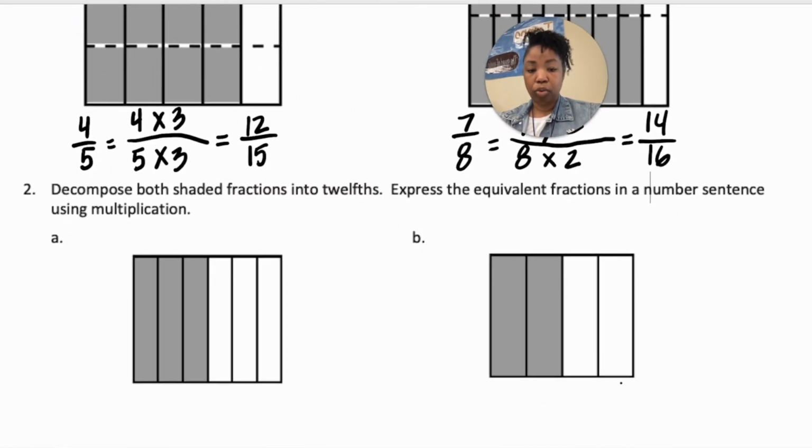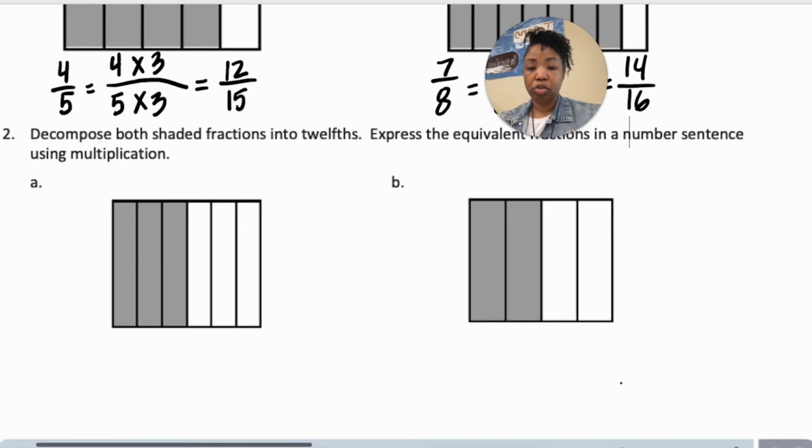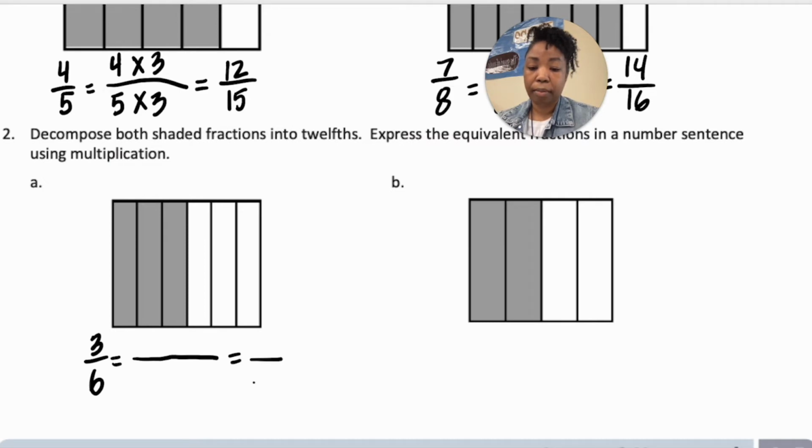For number 2, we're going to now decompose. We need to change this into 12ths. Each of these we need to change into 12 parts and then express it using a number sentence, using multiplication. So for this first one, we have 3 parts shaded out of 6. That long line is for my multiplication. I'm going to change 6 to 12.